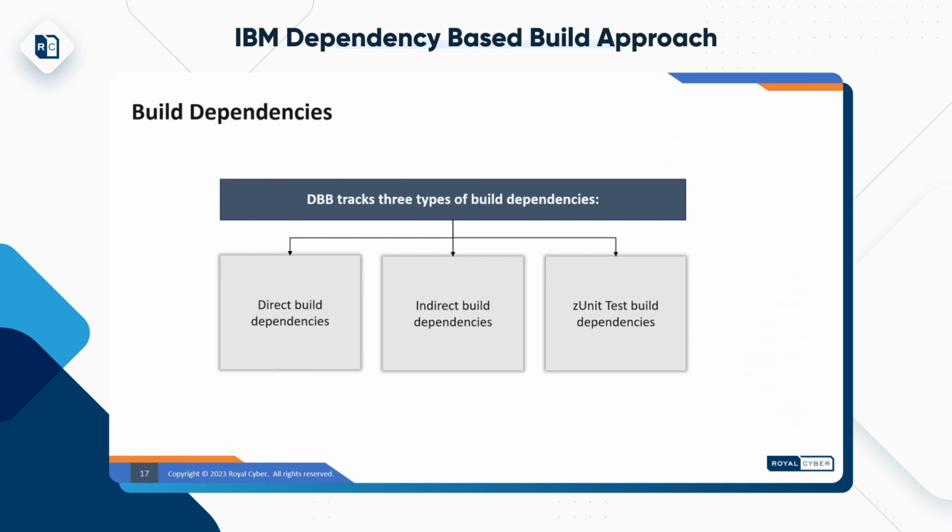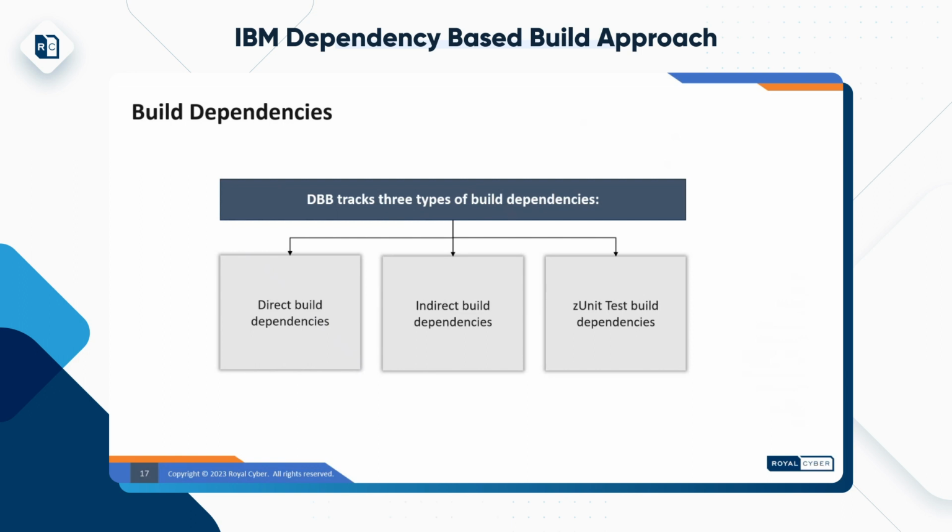For mainframe applications, you have the zUnit testing framework, which does automated unit testing of your application. So when you invoke your CI or CD pipeline, your DBB also triggers your test cases as a part of your CI CD pipeline jobs.